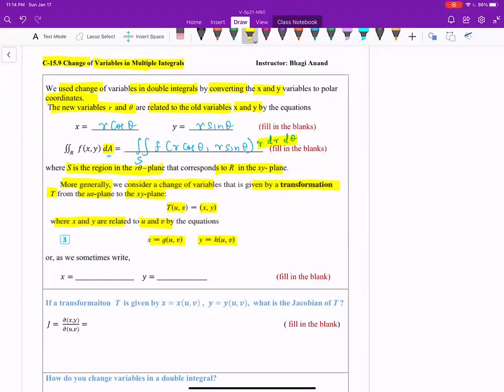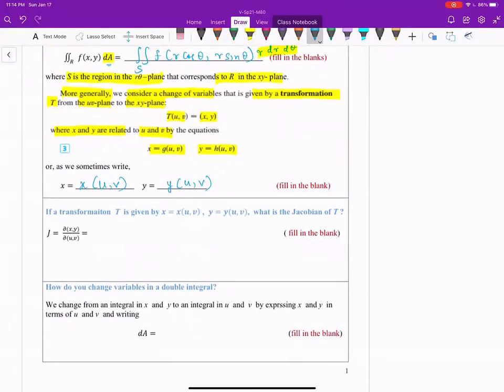Or as we sometimes write, x equal to x of u comma v, y equal to y of u comma v.